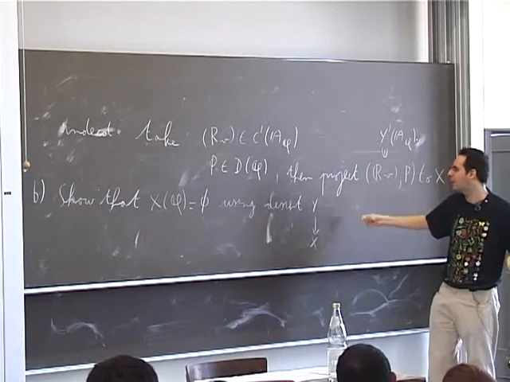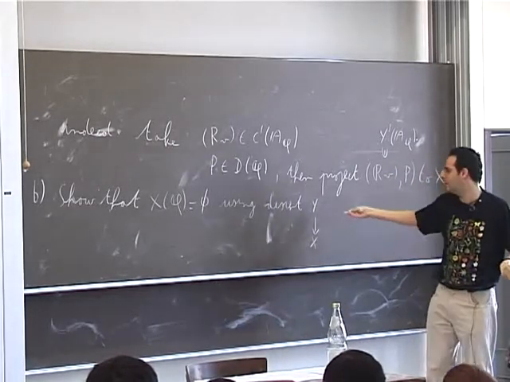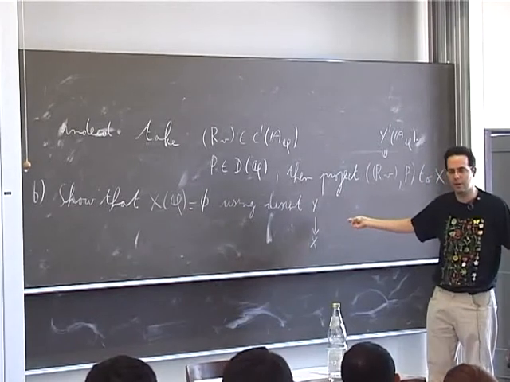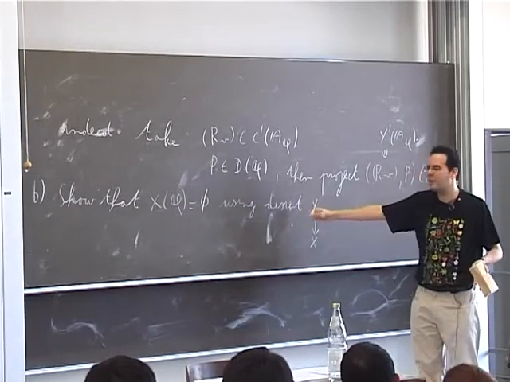And then you check directly that these two twists don't have a rational point. So this part is really an explicit computation.